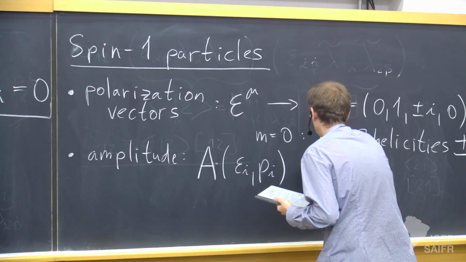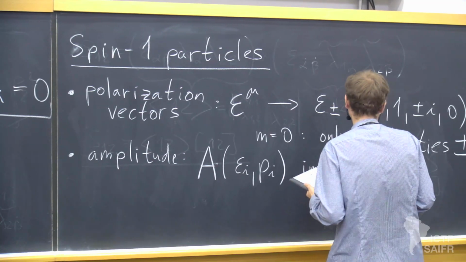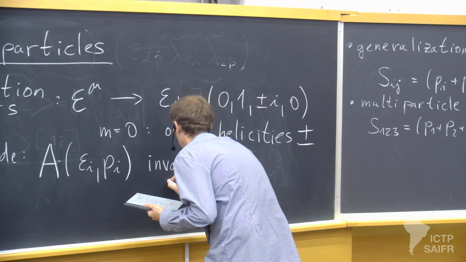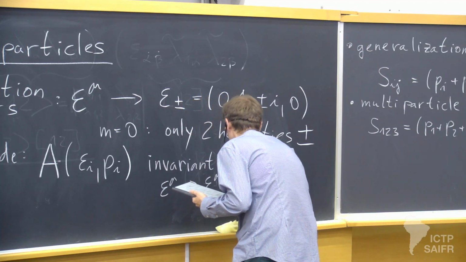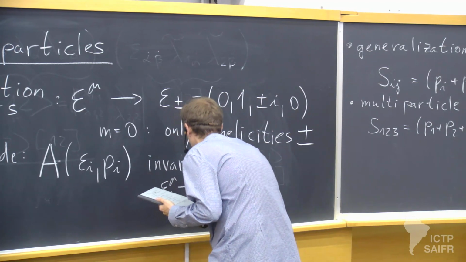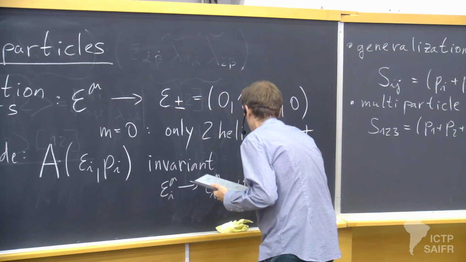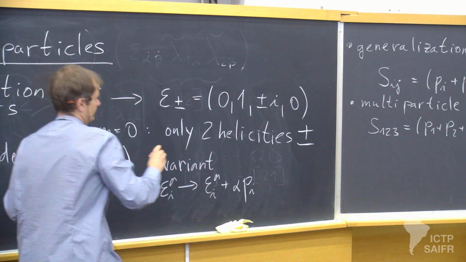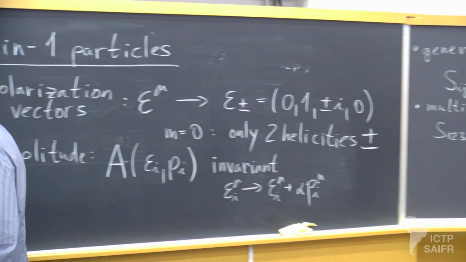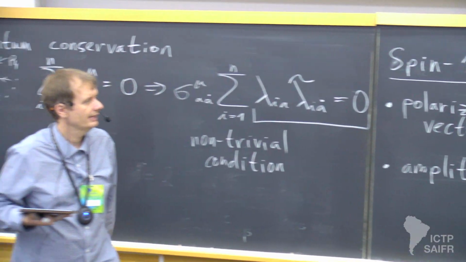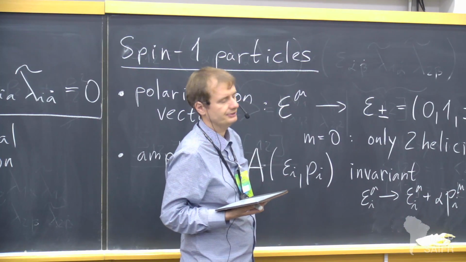And it must be invariant under the gauge transformation when we take the epsilon_i for particle i and shift it, epsilon_i plus alpha times p_i. The amplitude must be invariant under it. This is the condition that we impose in order to remove the unphysical degrees of freedom.